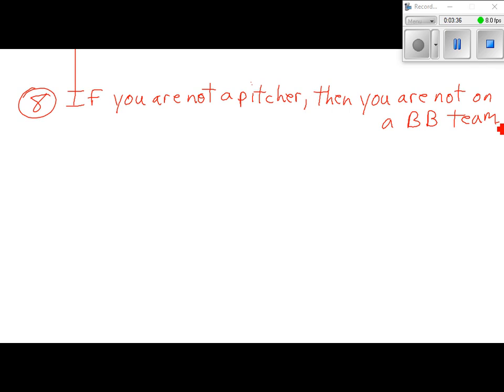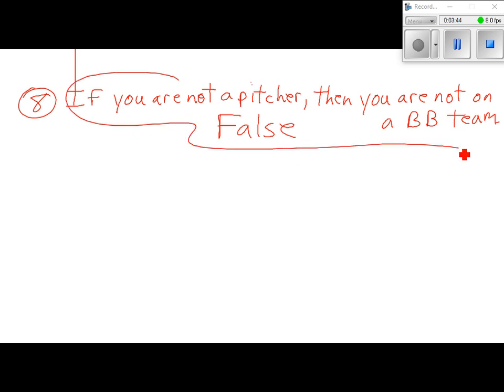And if we think about it, if you are not a pitcher, then you're not on a baseball team. Well, that's false. So we look for that and false down there in our answers. It looks like if you're not a pitcher, then you're not on a baseball team, false. It looks like letter C.